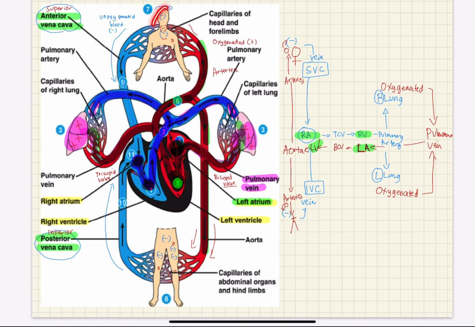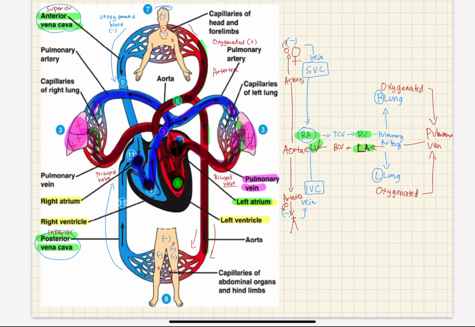Unoxygenated blood that comes from both upper and lower extremities will go back to the heart using the veins at dadaan po sila sa superior vena cava pag upper parts of the body, and then yung iba naman po is dadaan sa inferior vena cava pag lower parts of the body. Both of them will go to the right atrium.